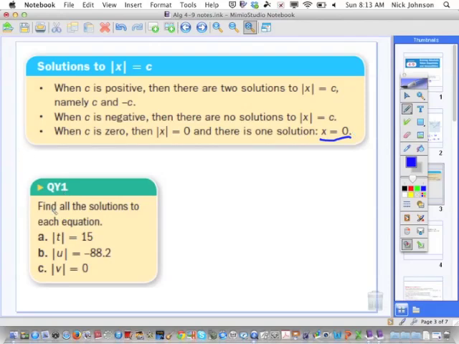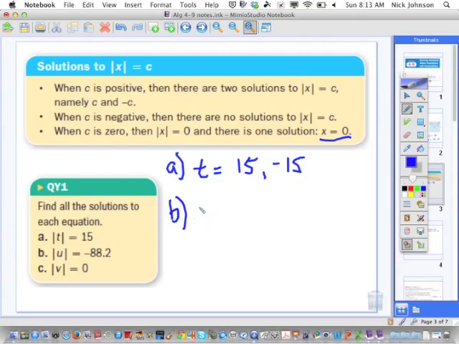So, quiz yourself 1. Find all solutions to each equation. A. For what values of t can I get out 15? Well, this is positive, so my answer is t can be 15, or it could be a negative 15. Because if I put in a negative 15, the absolute value of negative 15 is a positive 15.